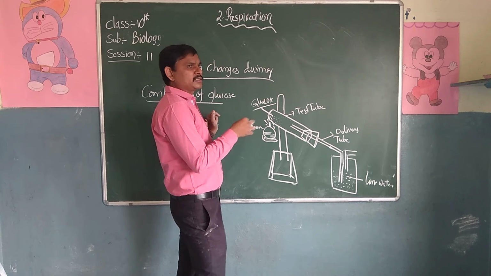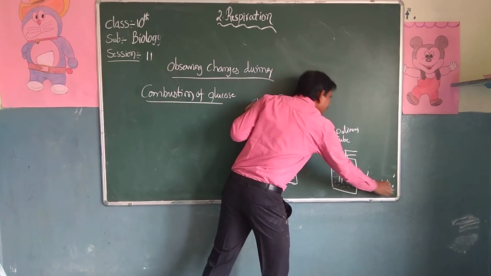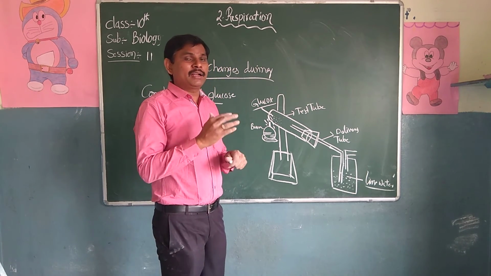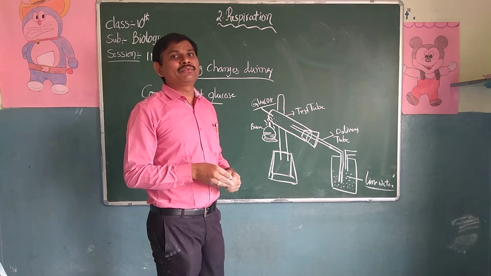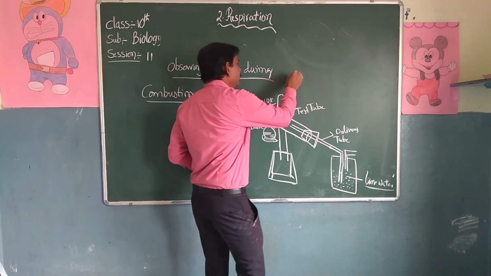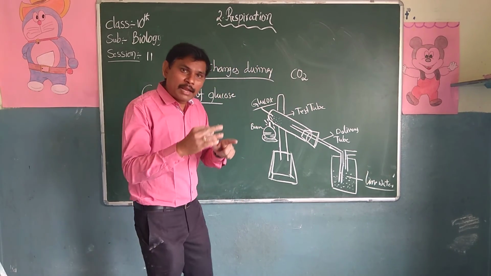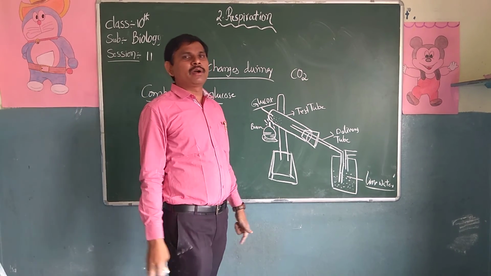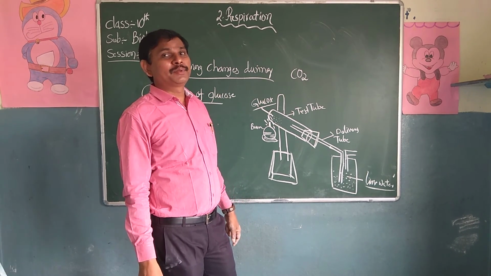When the gas released by the breakdown of the glucose combines with the lime water, and the lime water turns into a milky white precipitate, then we consider that carbon dioxide is released. When carbon dioxide mixes with lime water, it is converted into a white precipitate, a milky white precipitate.